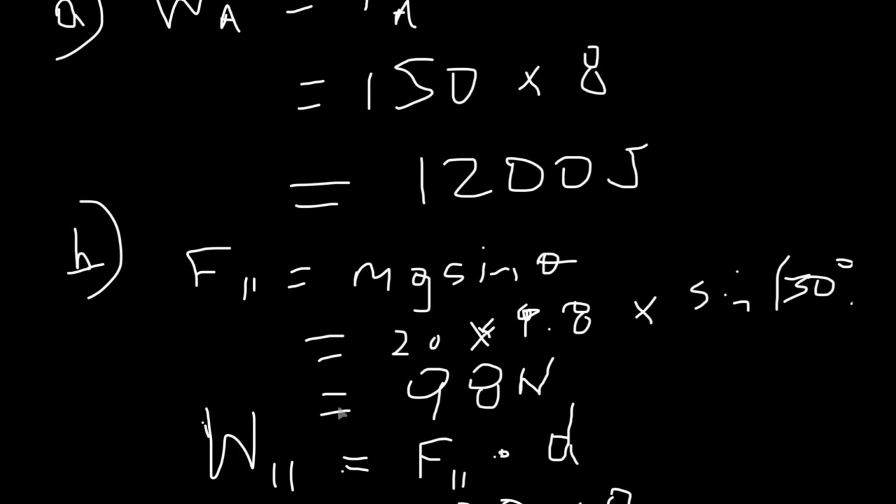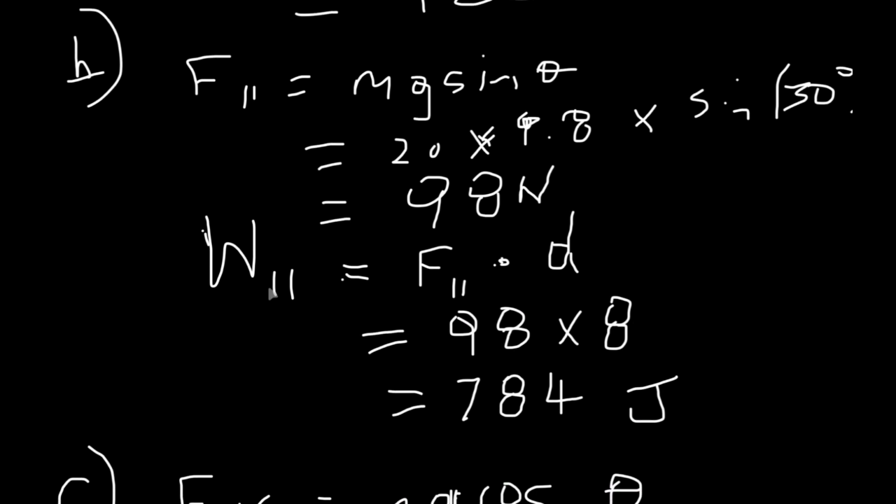To find the work, you multiply the force times distance as usual. So the work done by the parallel force is equal to the parallel force times the displacement, 98 times 8, and that will give you a total of 784 joules.